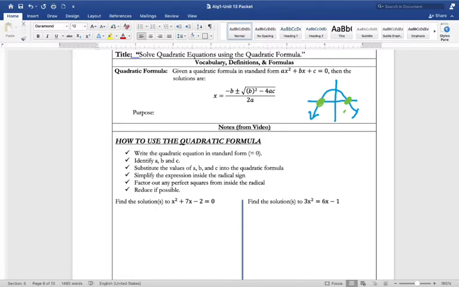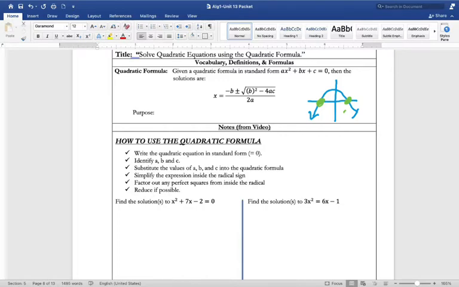And they don't factor. And so we have this formula called the quadratic formula. And we use it when things are in the form ax squared plus bx plus c is equal to 0. And if we're not able to factor, or even if we are able to factor, this will still work.